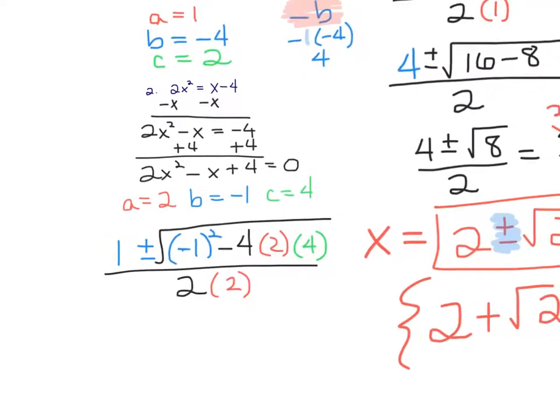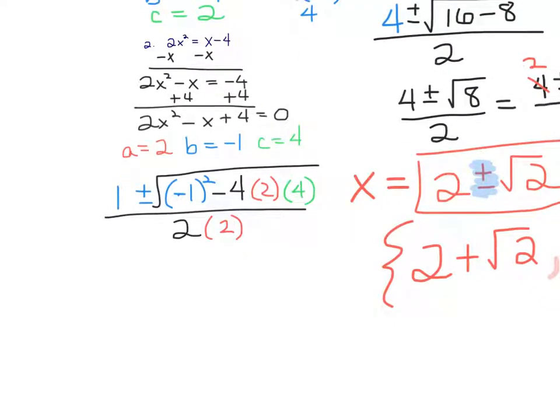So now I'm going to start simplifying what's under my radical sign. I'm going to first square the -1, and I get +1. And now again, I'm going to multiply these 3 things. And again, I use it as a -4. If you keep it as a +4, then you need to leave the subtraction sign there.